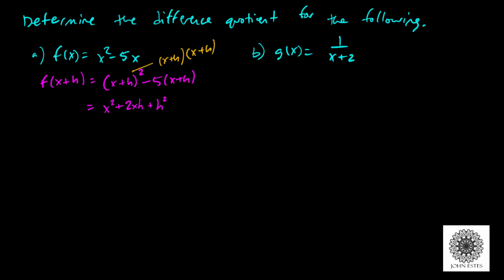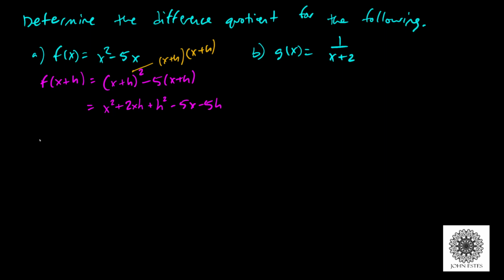Now I have a minus 5x minus 5h as well, because I have to distribute that negative 5. When trying to clean this up, there's not much to do because you don't have any like terms. You have x squared plus 2xh plus h squared minus 5x minus 5h. Nothing really simplifies there, so for the time being, we're done. It will clean up a little bit for us, though.